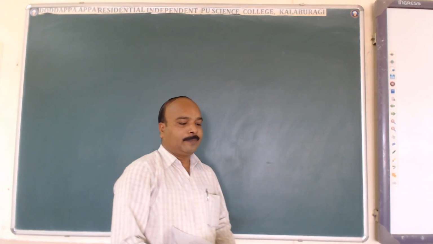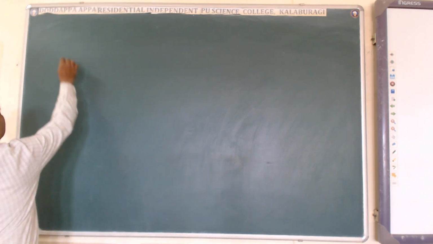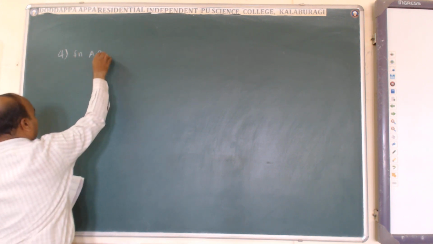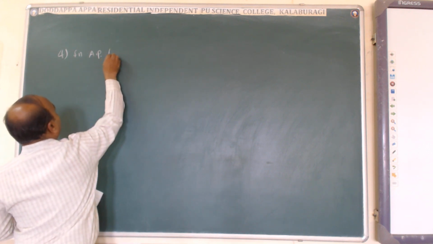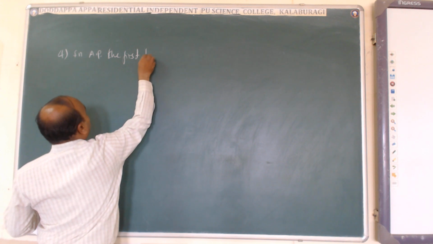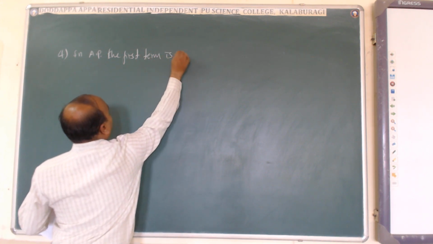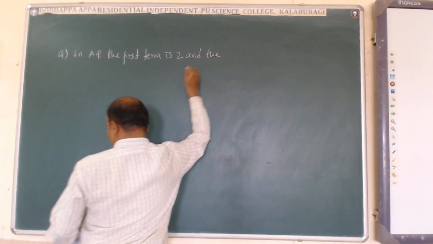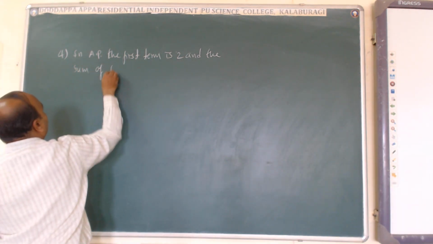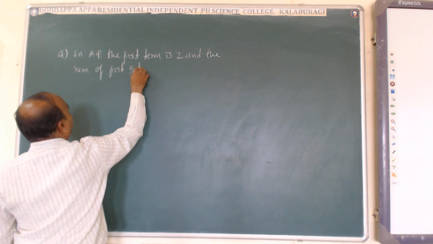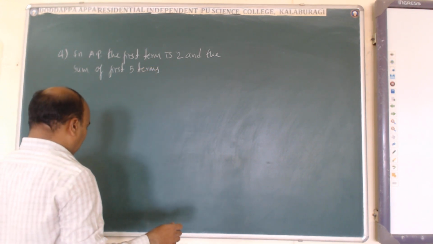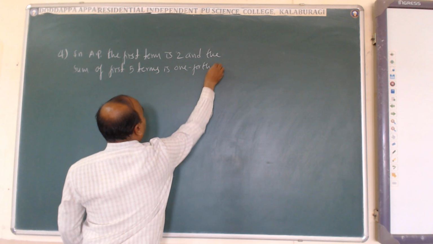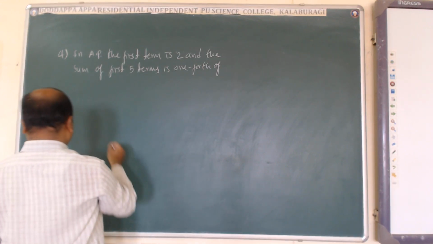Next we go for another example. In an AP, the first term is 2, and the sum of first 5 terms is 1/4 of the next 5 terms.